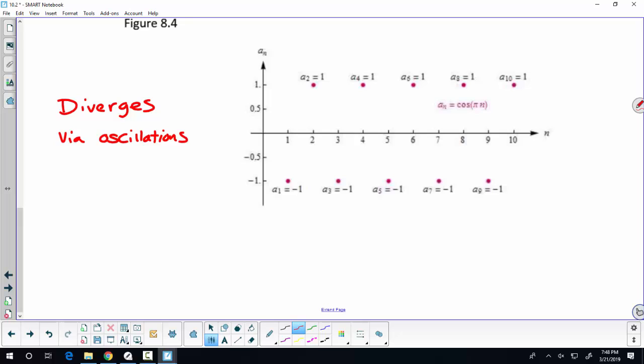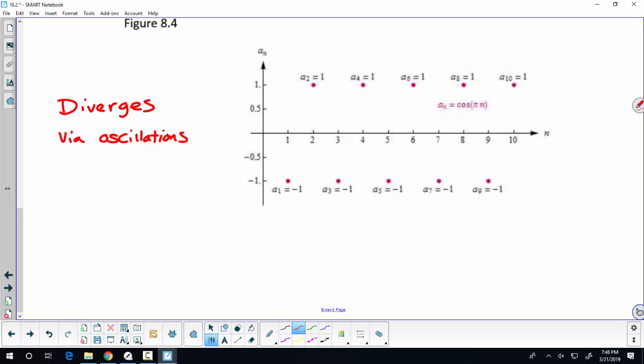Any questions on that? Would we rate that last one as bounded? No, we wouldn't say that. Well, again, the even terms are bounded by 1, the odd terms are bounded by -1. So we could say that's bounded.